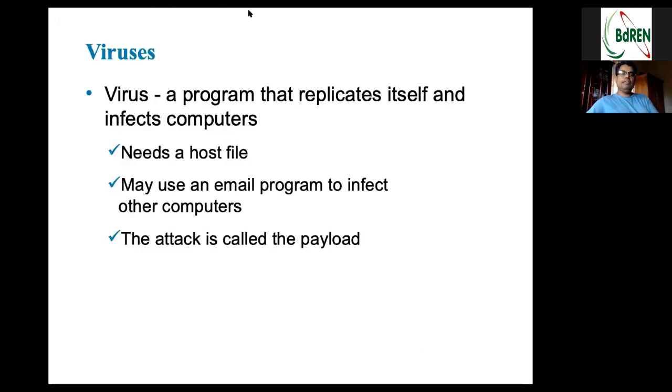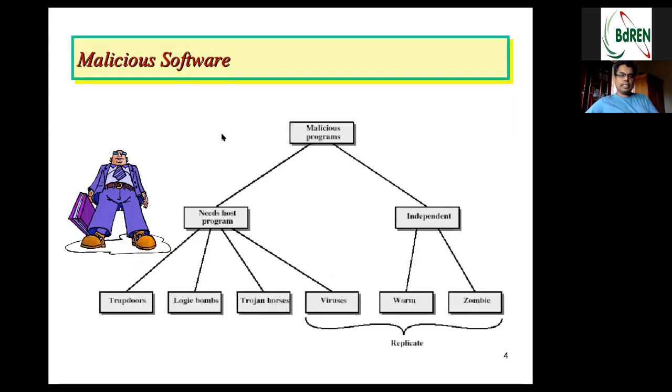Then we can discuss our well-known friend, right? Viruses. Viruses are codes which are planted, hosted inside other programs. Let me go back to the categories. We are now discussing malicious programs under the category of those that need hosts. We discussed three categories: trapdoors, logic bombs, and Trojan horses.